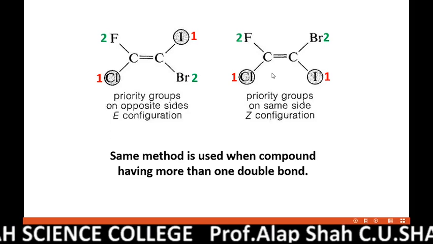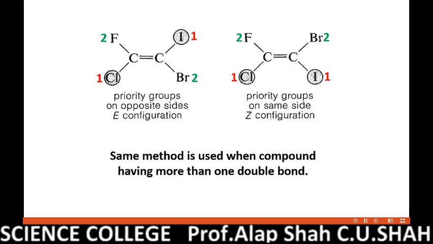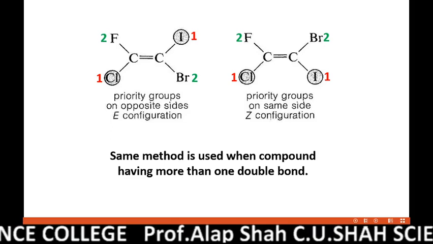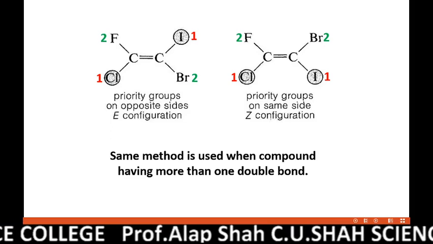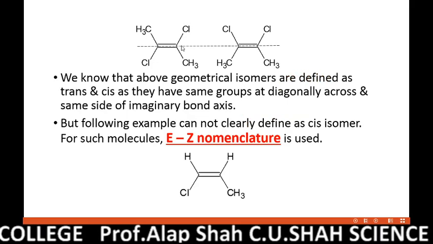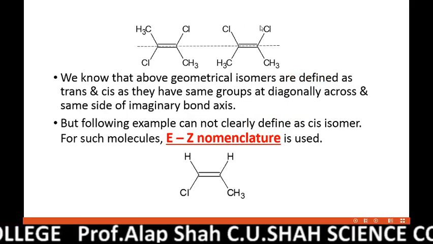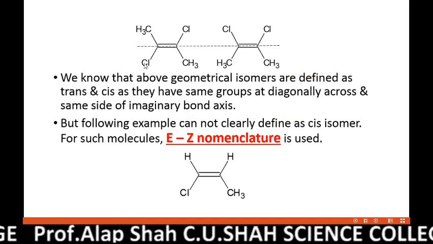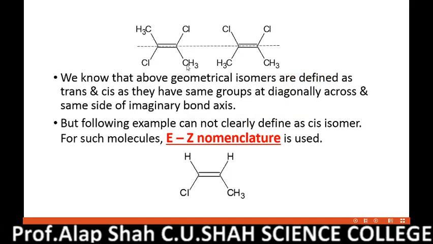So friends, let me remind you of the difference between cis-trans and EZ. See, in cis, we always say same groups lie at the same side. Same groups. And for trans, we say same groups lie diagonally across.